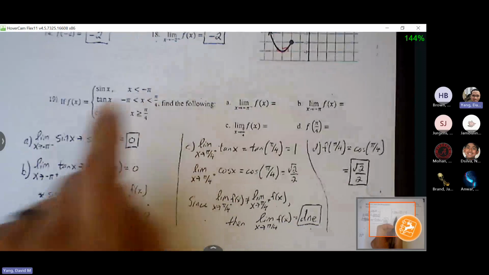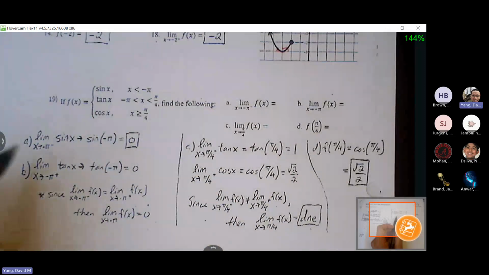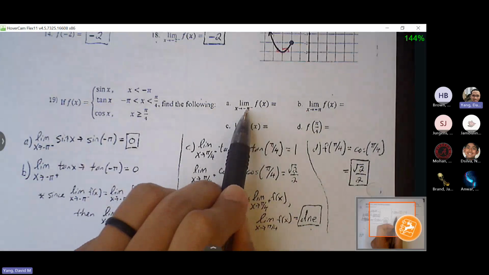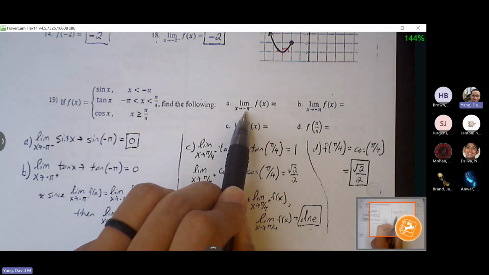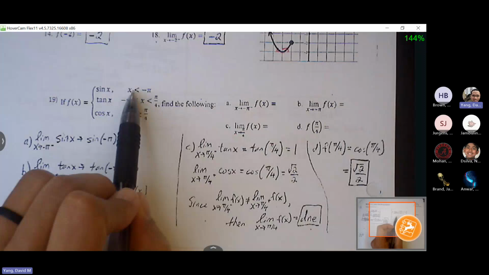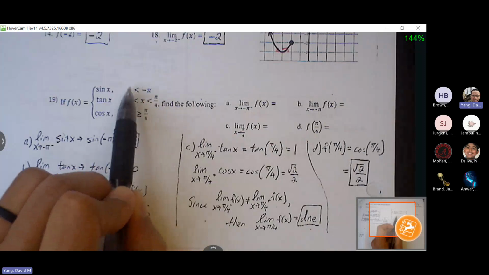Part A, limit as x approaches -pi from the left side of -pi. They're not giving us the function, so we have to find it in the piecewise. To the left of -pi, meaning smaller than -pi, we know it's going to meet this criteria here.